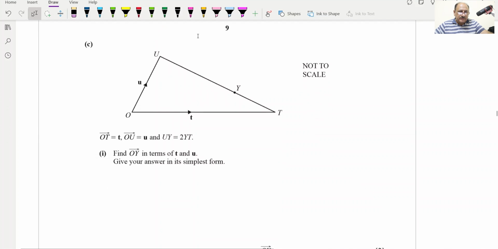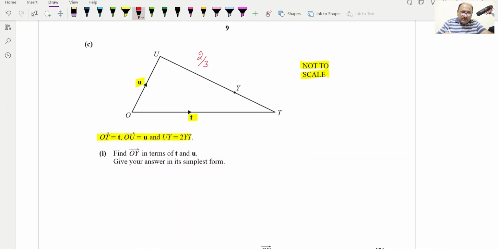Part C says a diagram is provided which is not to scale. OT is equal to t, which is this one. OU is equal to u, and UY is equal to 2YT. So UY is 2YT, it means that it is divided into 3 portions.